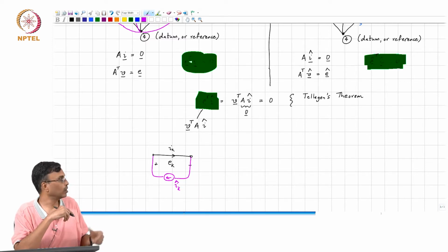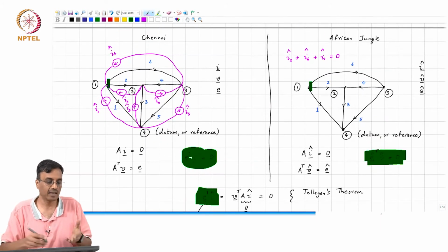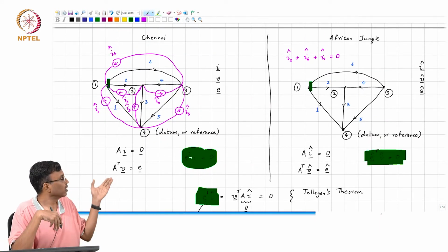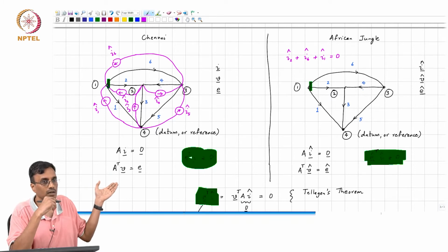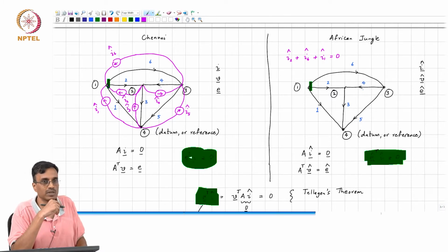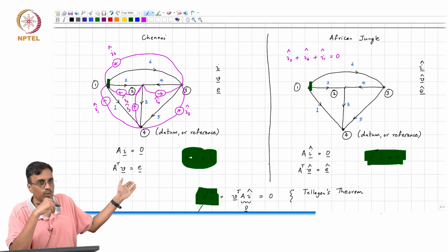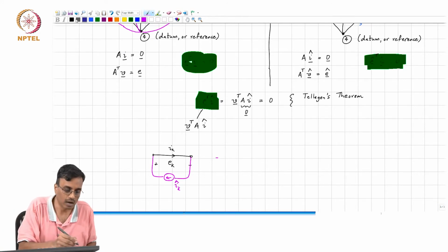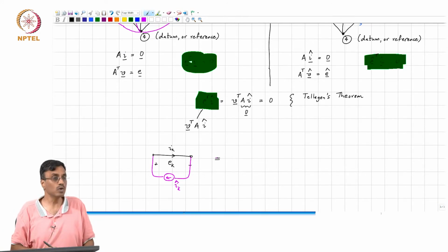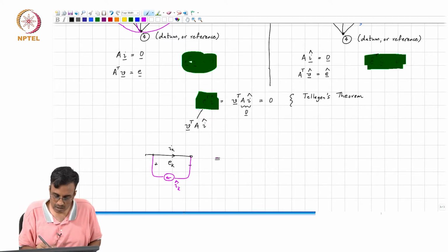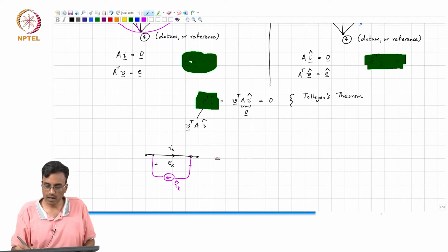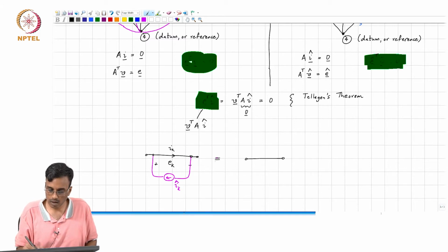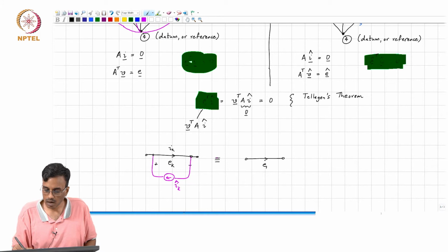Now, this network is as legitimate as any other network, correct. So, power conservation must be valid for this network too. And therefore, what is the voltage across this branch? Ek. What is the current through this branch? Ik minus Ik hat.